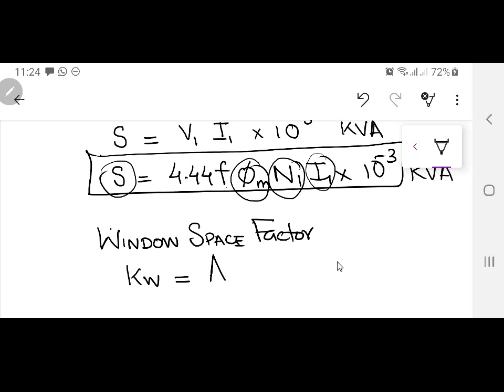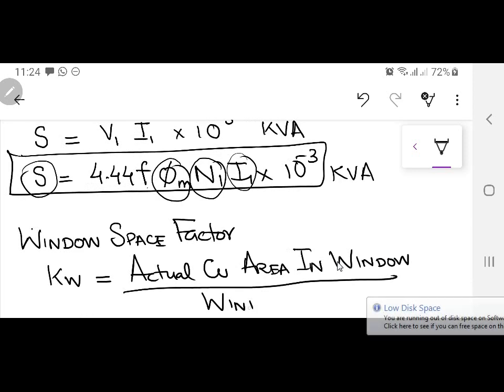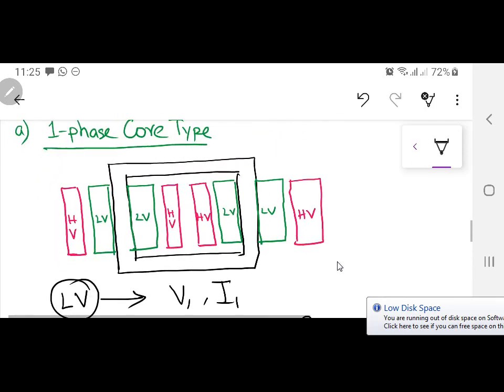This is equal to the actual copper area in the window divided by the window area.